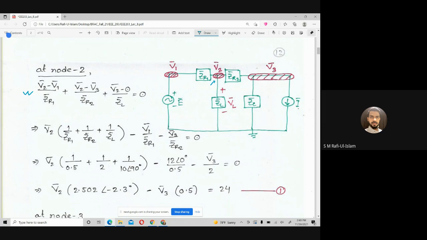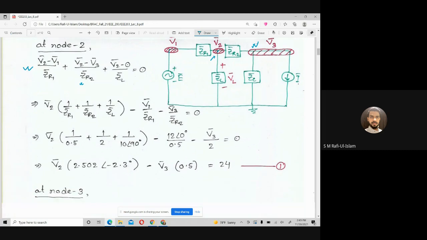So V2 minus V1 divided by ZR1 is one component. Then V2 minus V3, since we are writing for this, V2 minus V3 divided by ZR2. Plus V2 minus 0 divided by ZL. So there are three branch currents we have been writing, and there is no external current source connected to node 2. So that would be the equation.